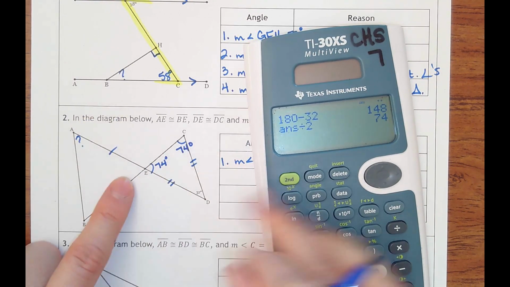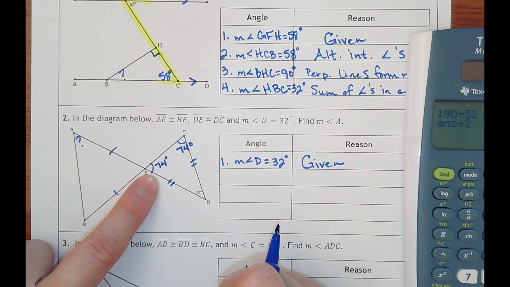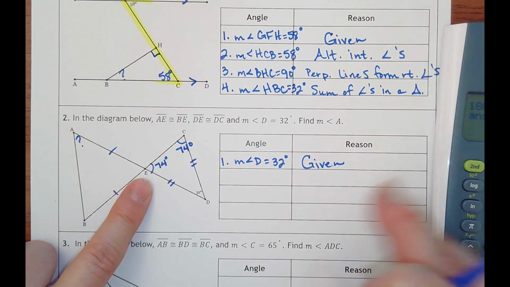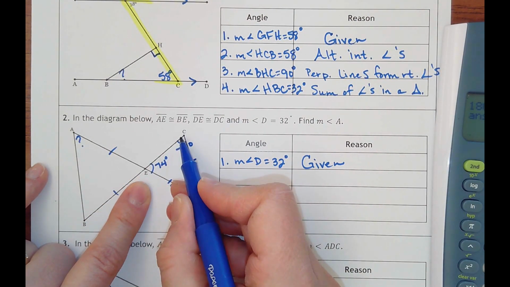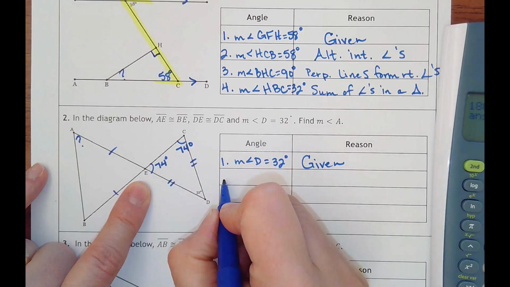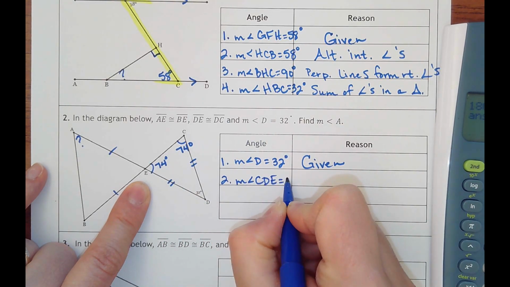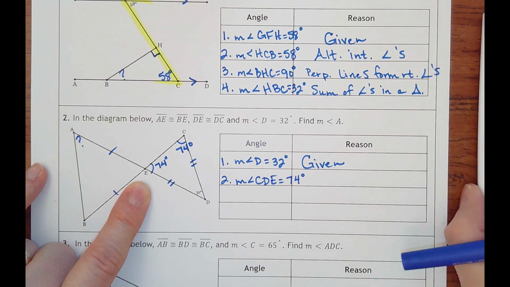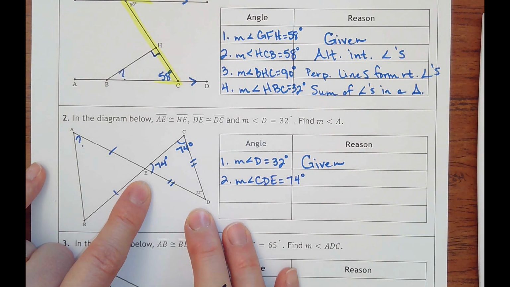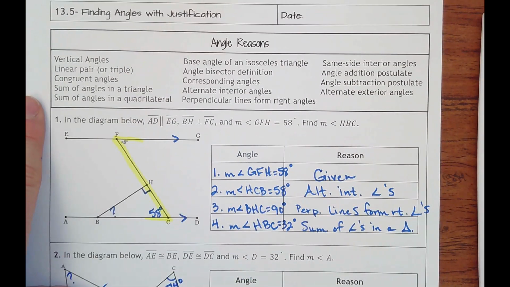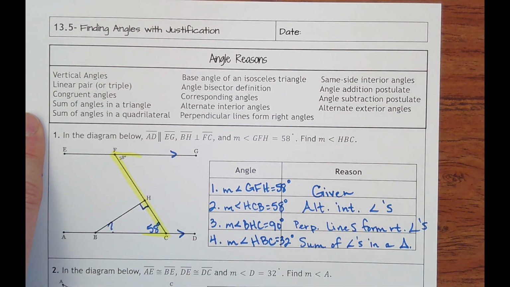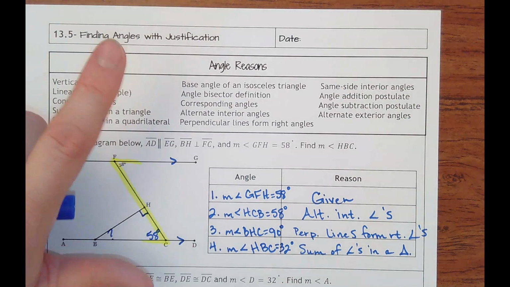And I know I'm going to have to work over here in this triangle because it doesn't tell me anything about parallel lines. So I'm going to state that angle CED is 74 degrees. We've got to find some kind of reasoning behind that. I know I did something with an isosceles triangle, and I did something with the base angles.